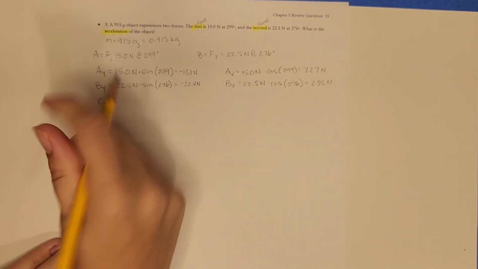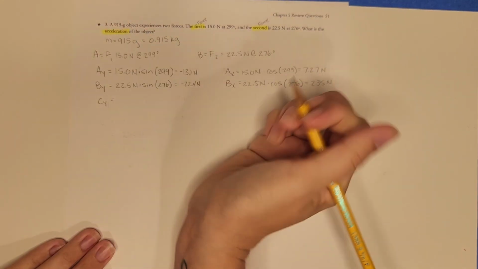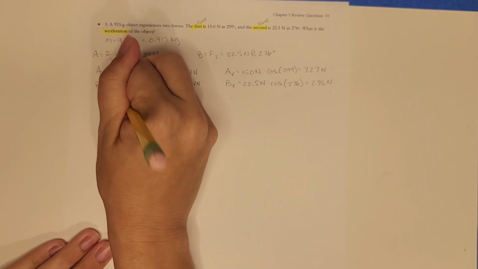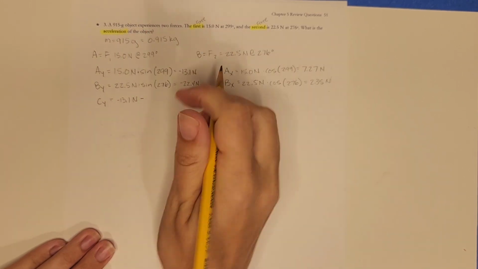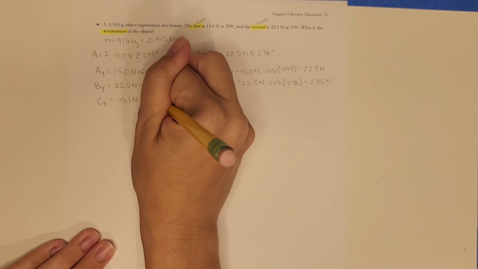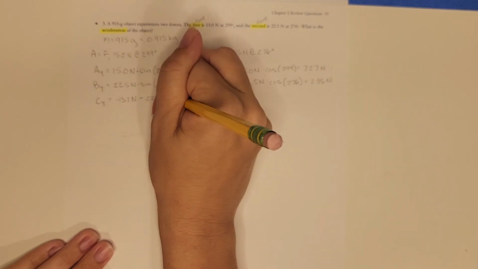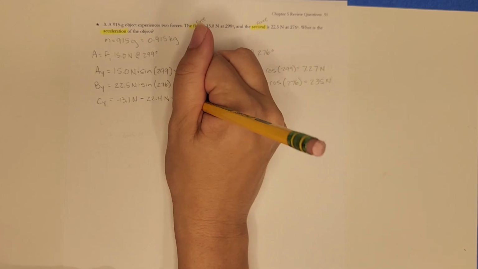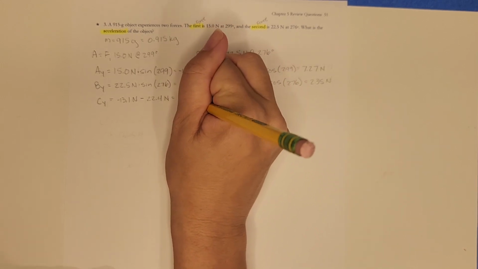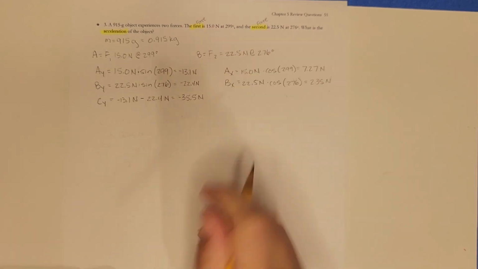So my CY equals my AY plus my BY, and so negative 13.1 newtons. I'm going to subtract because it's negative 22.4 newtons, and I get with that negative 35.5 newtons.